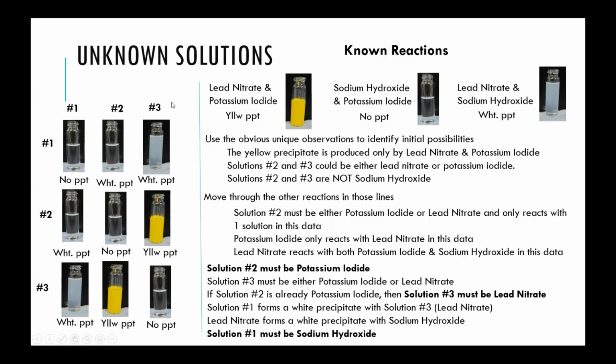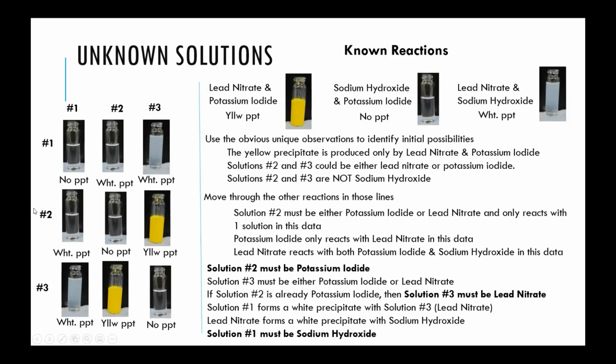They can't be anything else because only these two reactants mixed together form this bright yellow precipitate. So the other known reactant, sodium hydroxide, cannot be solution number 2 or number 3.